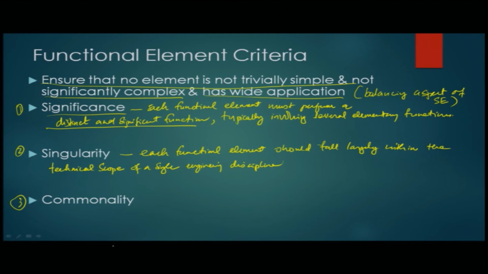The functional element should be such that it is within the technical scope of a single engineering discipline. So the interdisciplinary components we are further breaking down to a level so that individual engineering discipline experts can take care of the technical scope of the functional element.